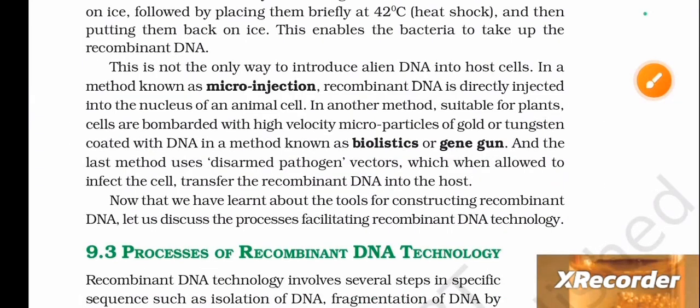And the last method uses disarmed pathogen vectors, which, when allowed to infect the cell, transfer the recombinant DNA into the host.